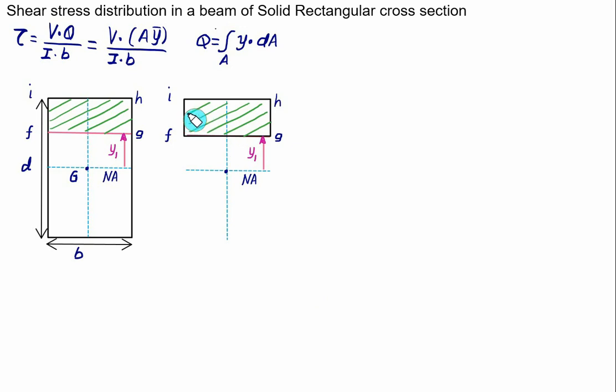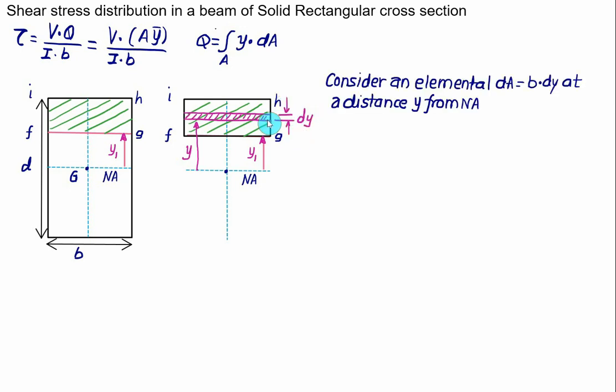Let's represent this area as an elemental area, which is equal to dA, and the width of this section is the same as the width of the original rectangle, and this area is at a distance equal to y from the neutral axis, and let's say it has a thickness equal to dy. So this one is the area dA, it has a width equal to b and a thickness equal to dy, and this area is from the neutral axis at a distance equal to y.